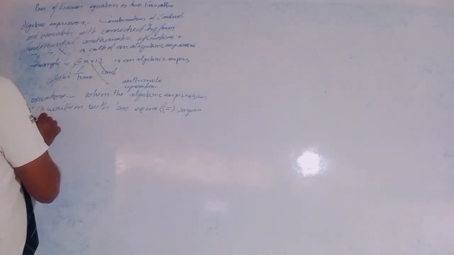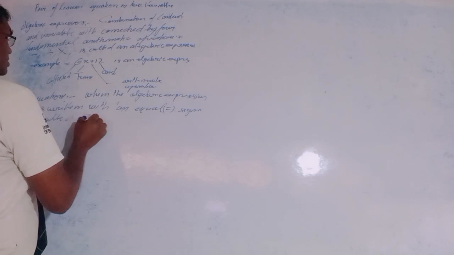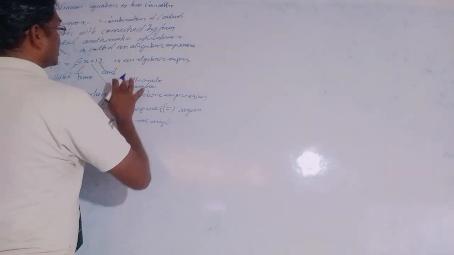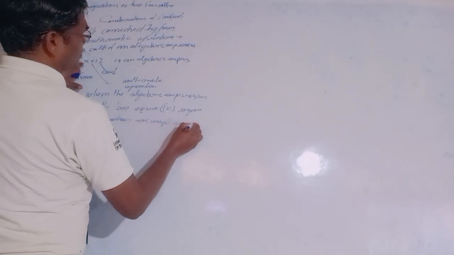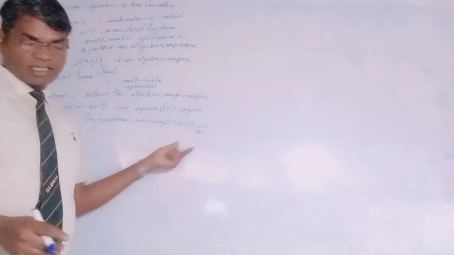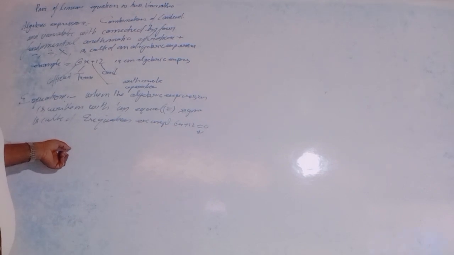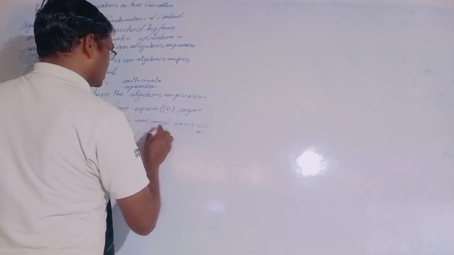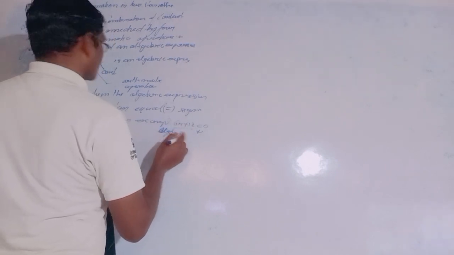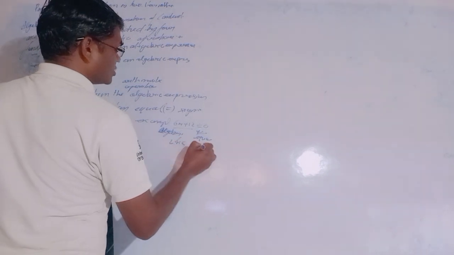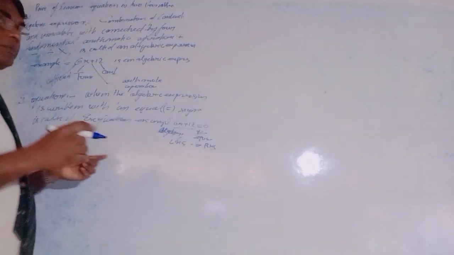When an algebraic expression is written with an equal sign, it is called an equation. For example, 6x plus 12 is equal to 0 is an algebraic equation. This part is the algebraic expression, and this is the equation, with the LHS and the RHS, which have to be satisfied all the time.